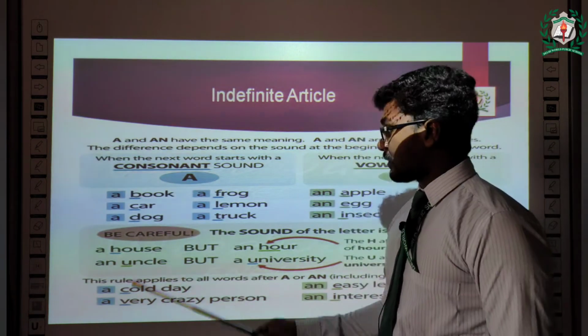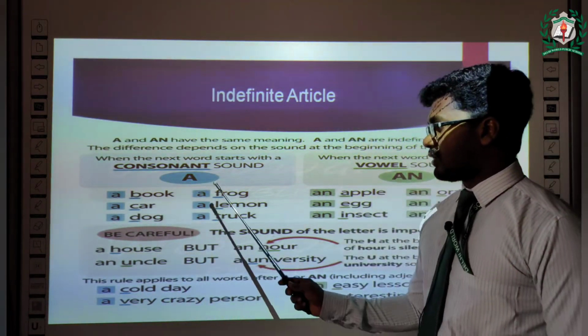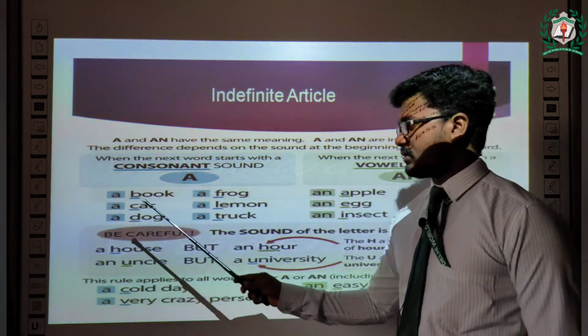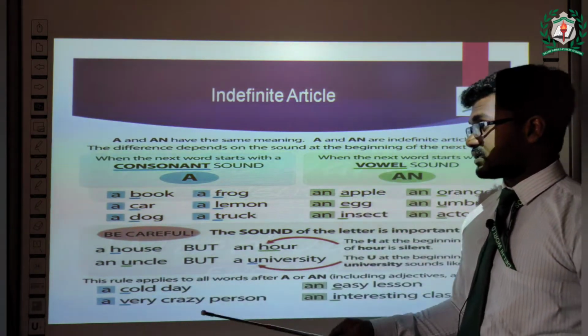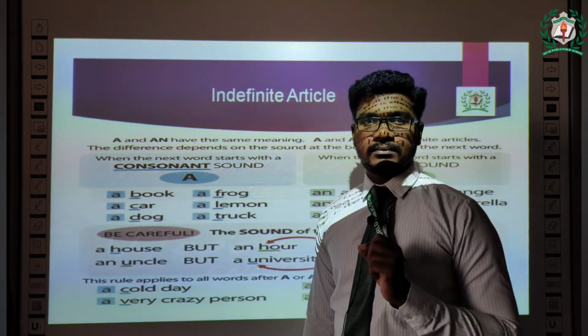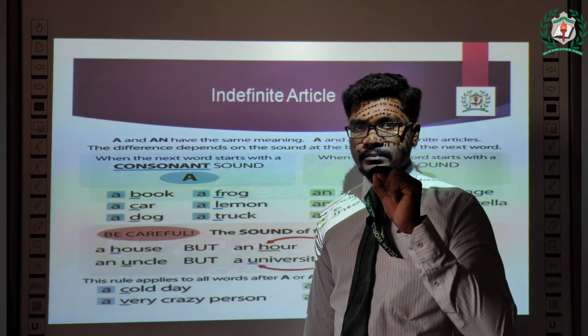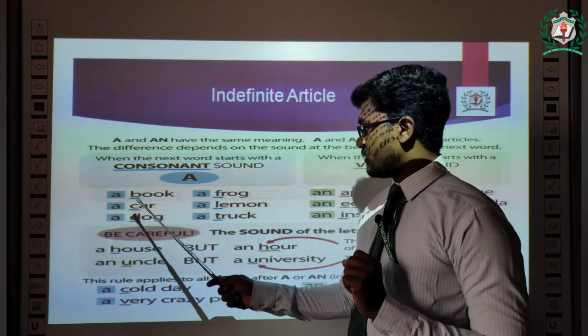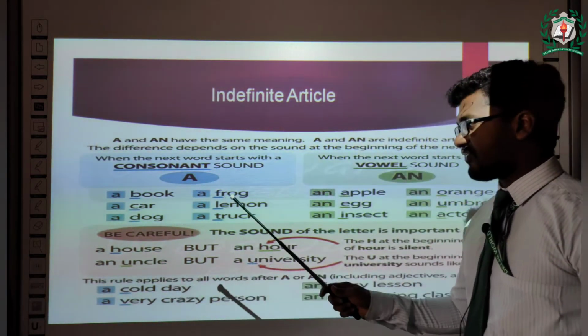Let's see: a book, a frog, a car, a lemon, a dog, a truck. Here B in book is the consonant sound, and likewise C, D, F, L, T.